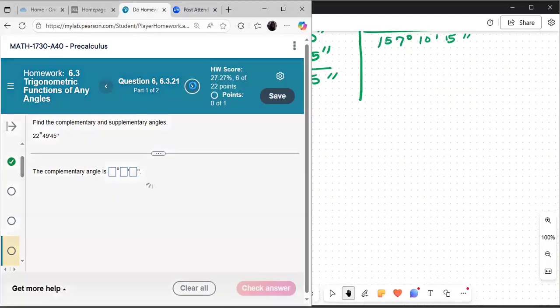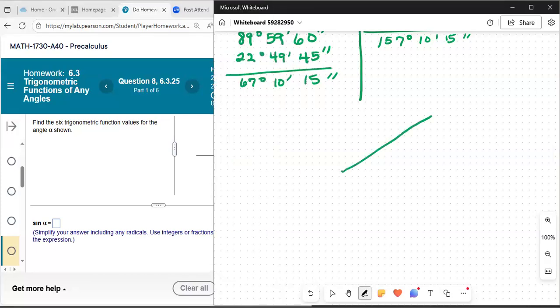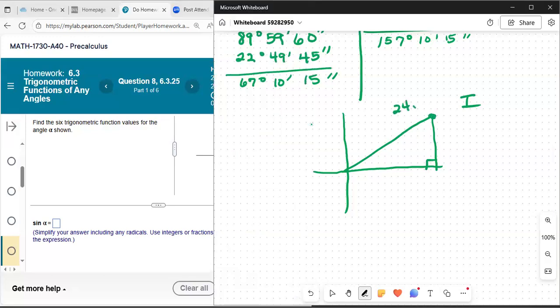I'm going to skip over to question number 8. It says find the 6 trigonometric function values for the angle alpha shown. So we have a sketch in the first quadrant, and the point is (24, 7). So that is our x and our y. If y is 7, x is 24, now we need to find r.